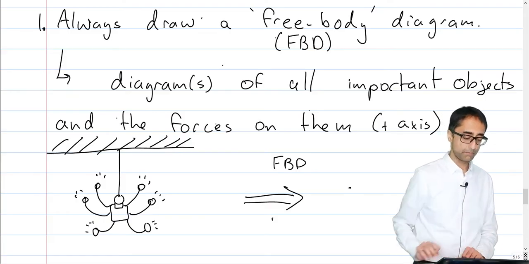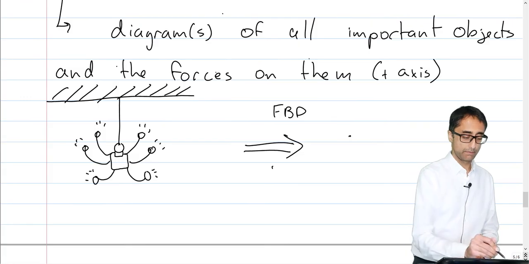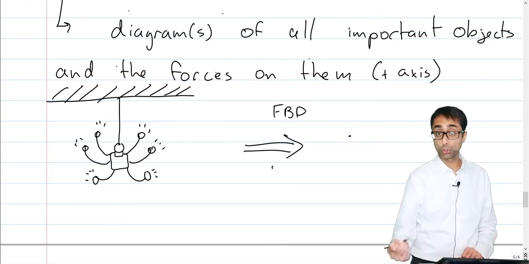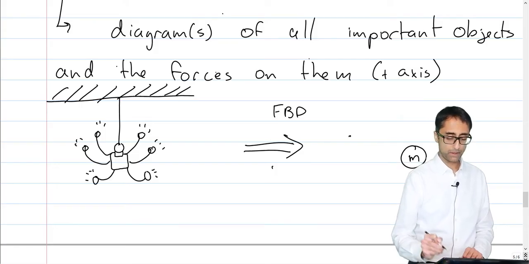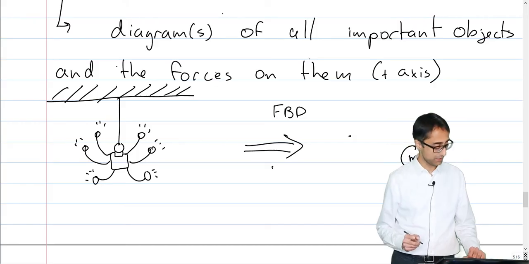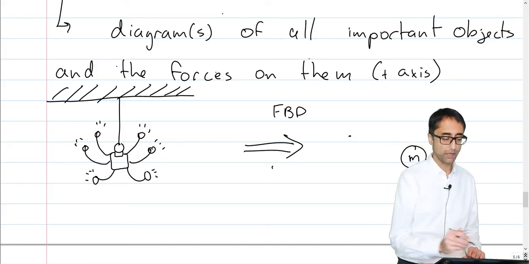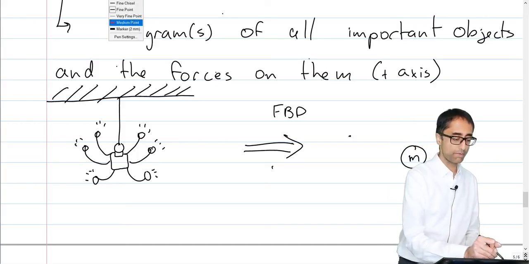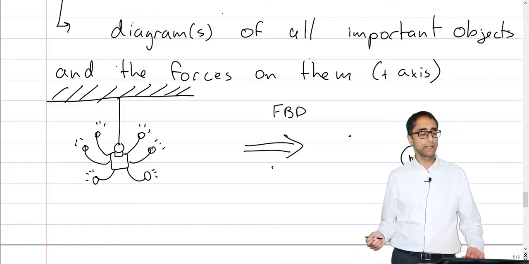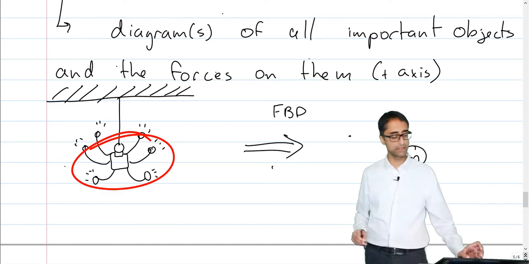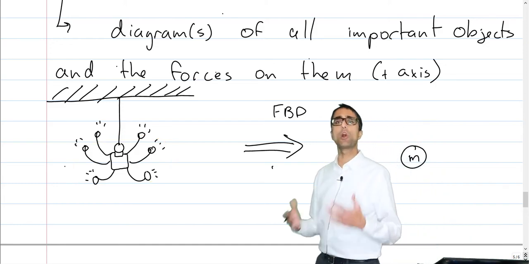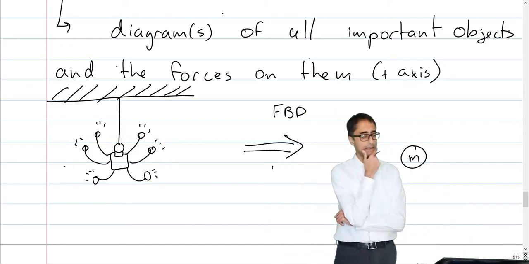A free body diagram is basically anything that has mass is drawn as a circle or a square. And so we'll take our chandelier here, put M for mass on it. Perhaps the mass is given to us, perhaps not. And then we draw our forces on that object.